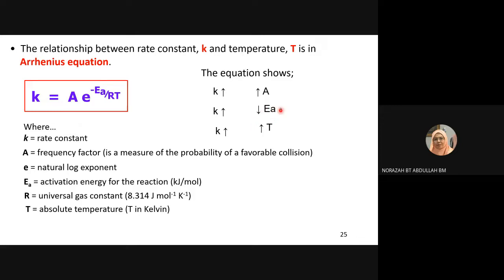This is the energy barrier. If the EA is much less, then the rate constant will increase. Rate will be increased if you have less activation energy. And between temperature and rate constant, if the temperature is increased, rate constant will also be increased.